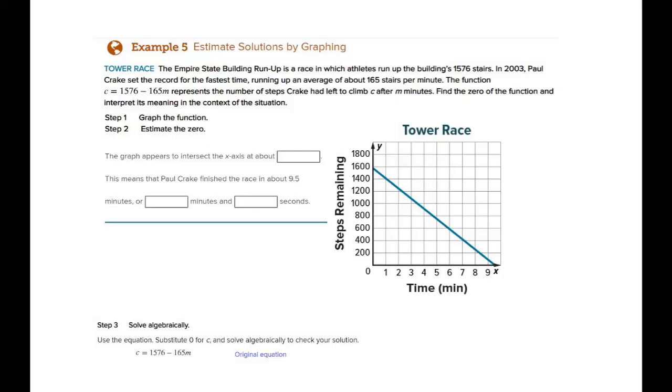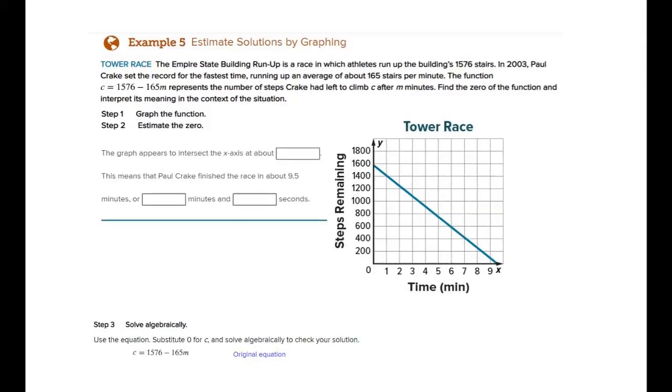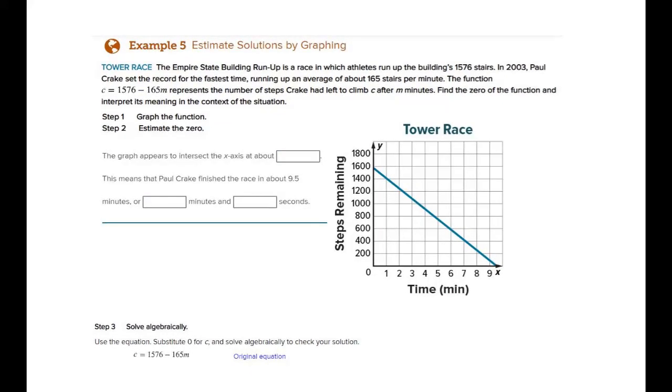The function is C equals 1,576 minus 165 times M. That represents the number of steps he has left to climb after M minutes. Find the zero of the function, and interpret its meaning in the context of the situation.